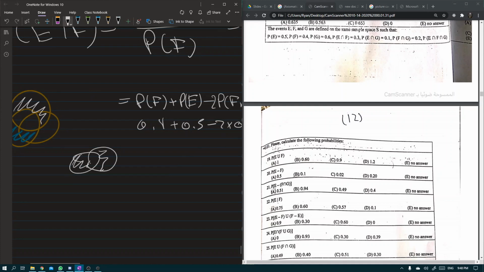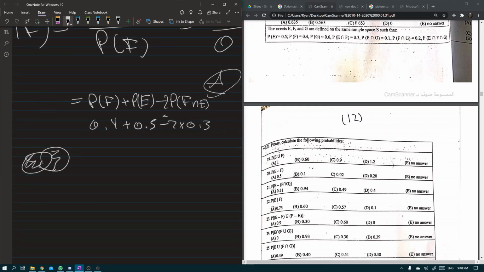So we subtract it twice. So 0.4 plus 0.5 minus 2 times 0.3 is 0.3. And that's B.